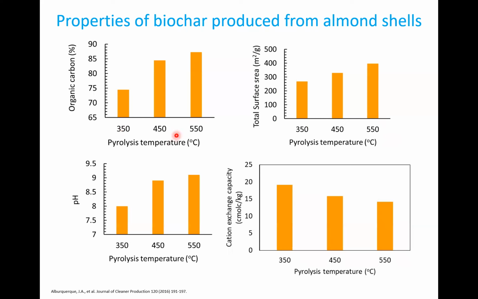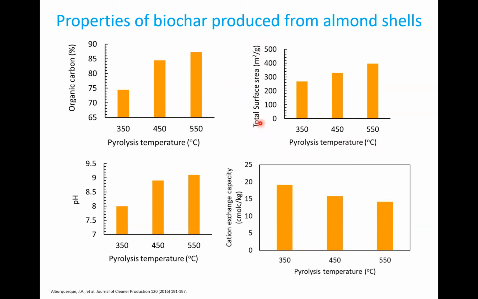For example, here, if you increase the temperature from 350 to 550, you would find the organic carbon also increasing. And here, the surface area is also increasing with the increase of temperature.